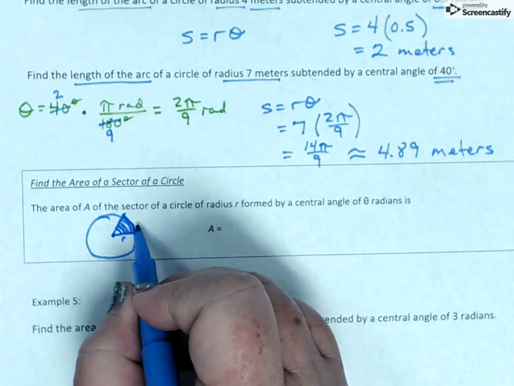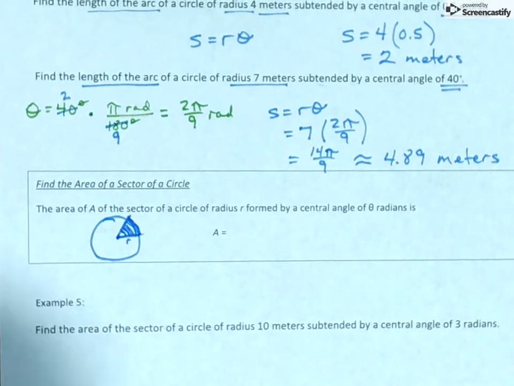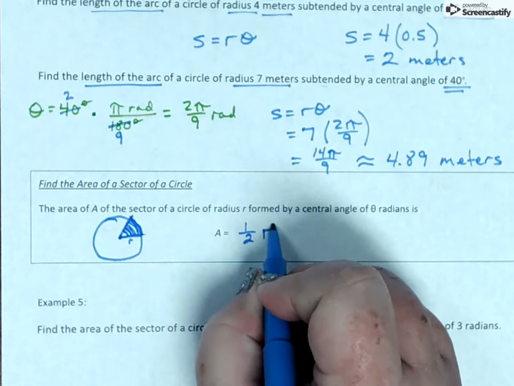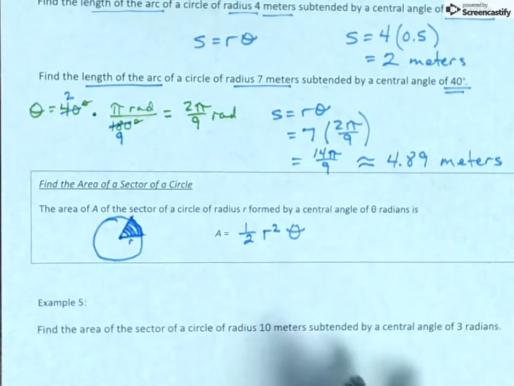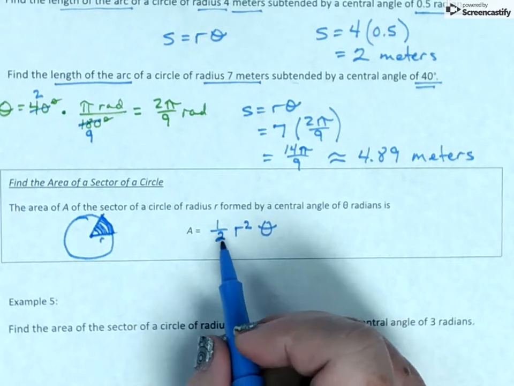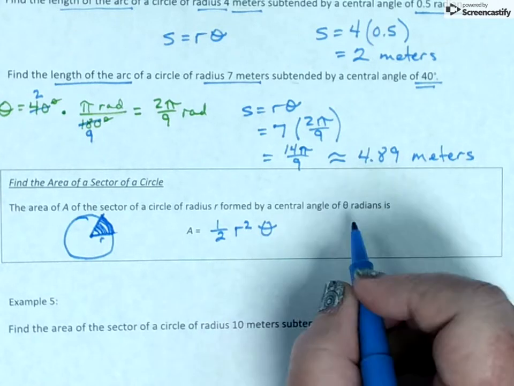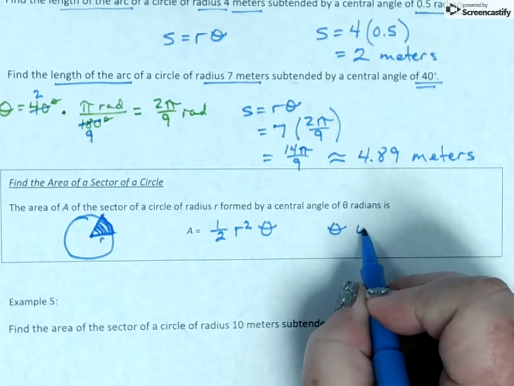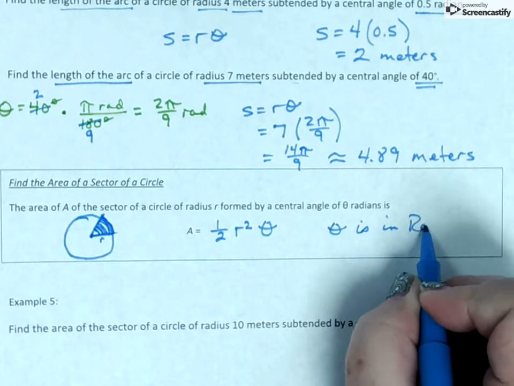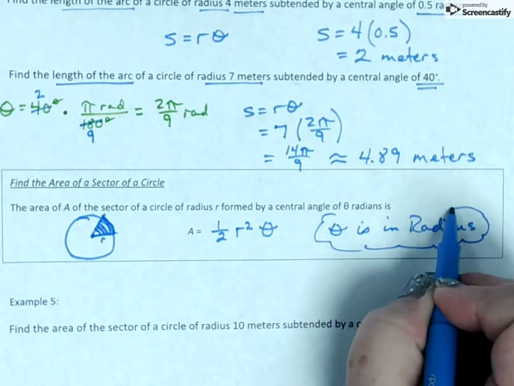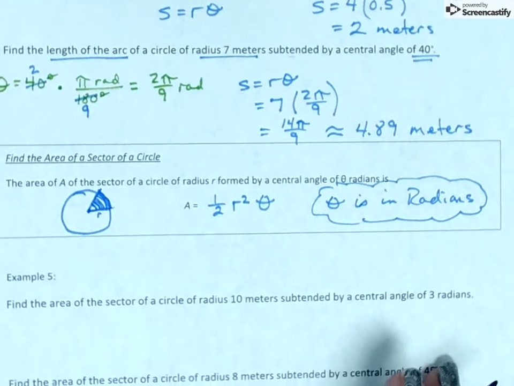And to find the area of that sector, we're going to use the following formula, and that's 1/2 times radius squared times theta. It's not a very difficult formula. It's just 1/2 times the radius squared times theta, but once again, theta is in radians, or this formula will not work. You must put theta into radians, or the formula will not work.